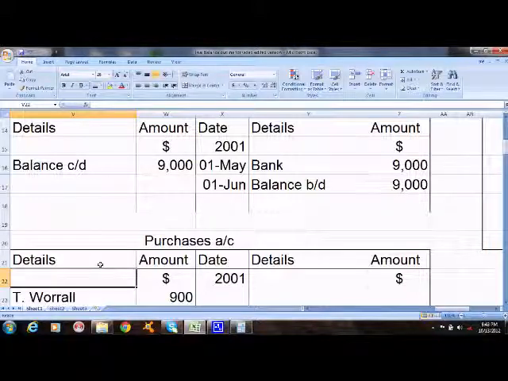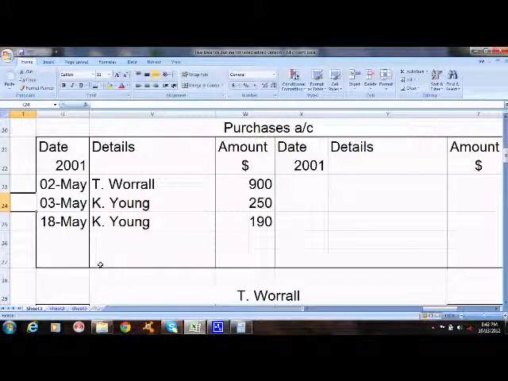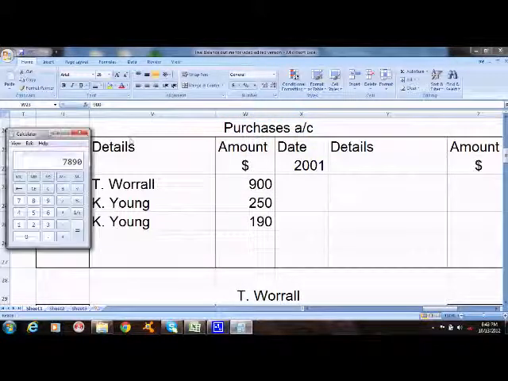Alright, next one is the purchase account. Notice now that the debit side of a purchase account originally exceeds the credit side, right? Yes. We're going to add these up now.